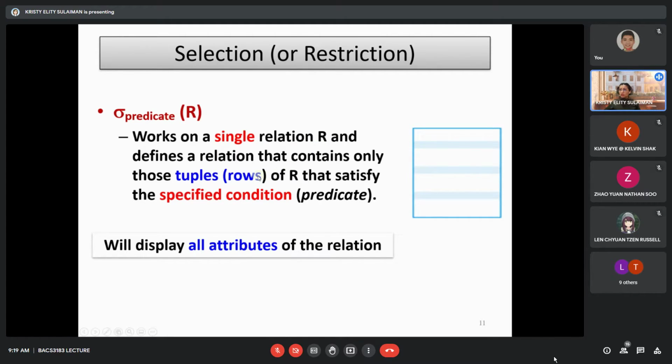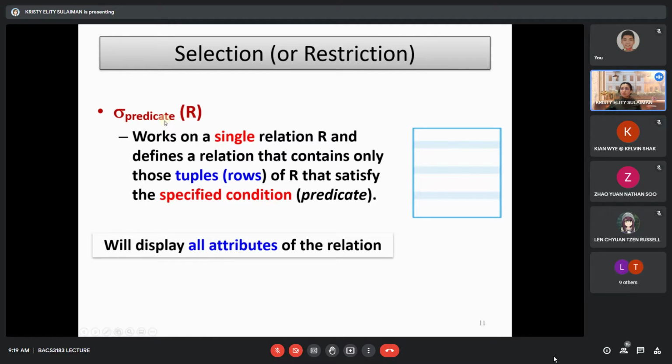It will only define a relation that contains rows that satisfy the specified condition, and the predicate is the specified condition. It will display all attributes of the relation.